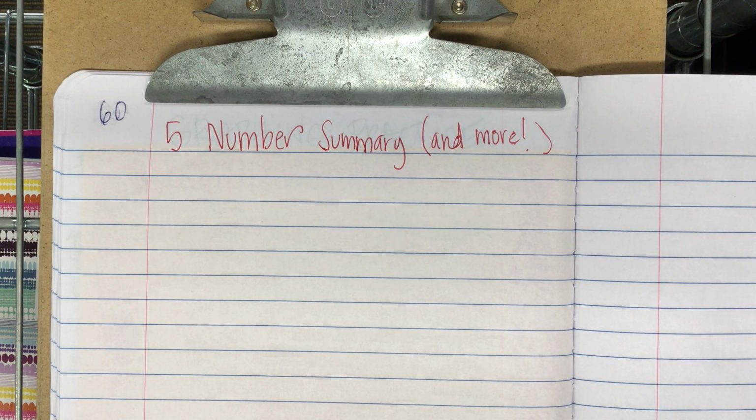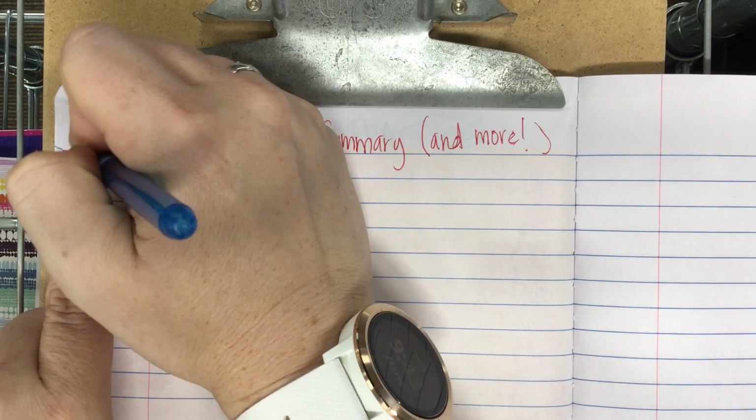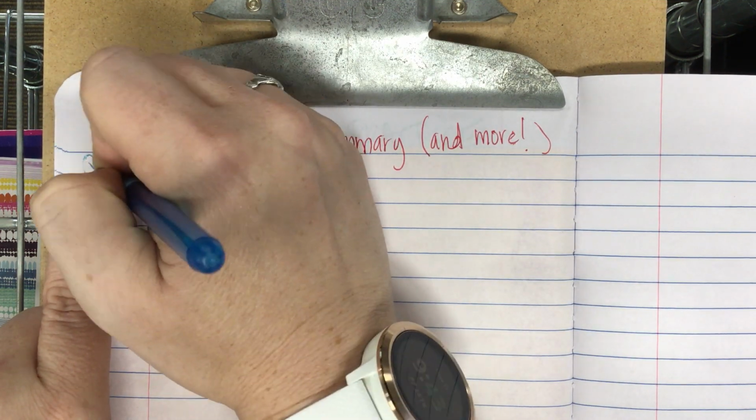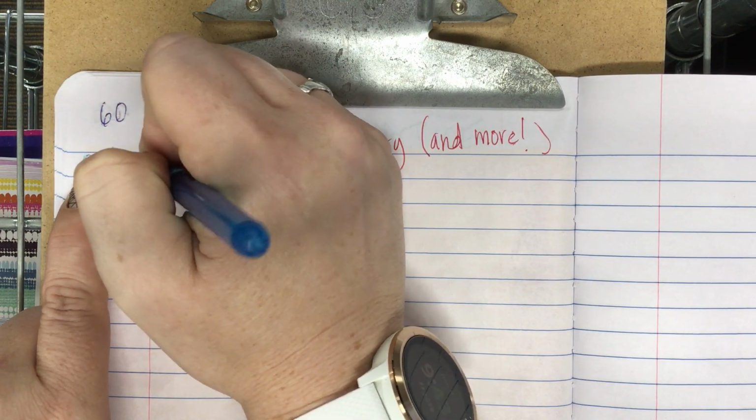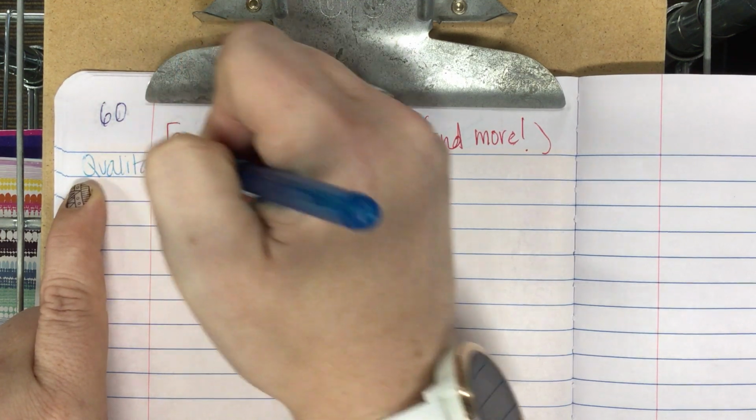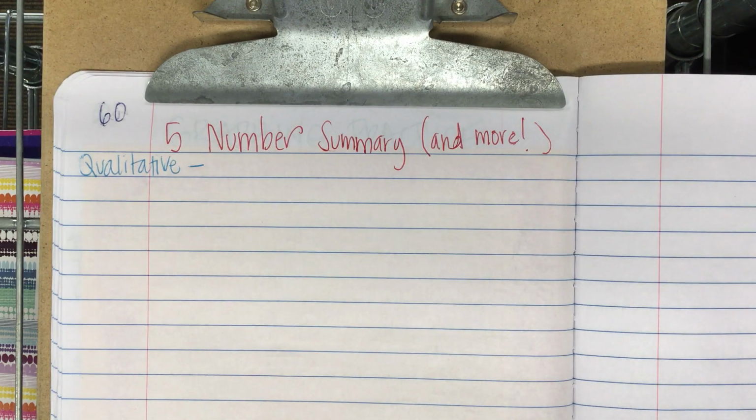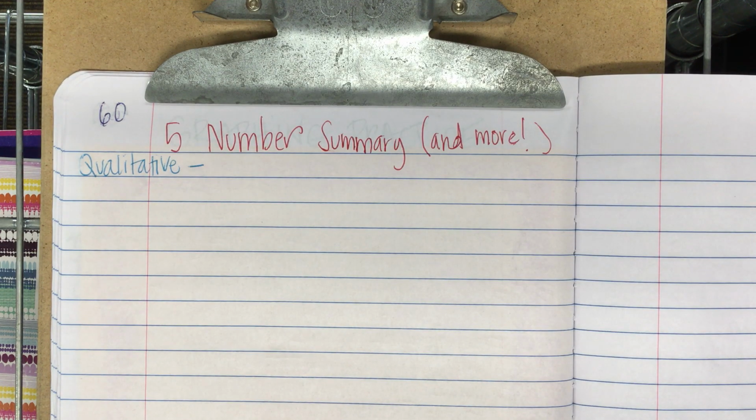When we're dealing with data, because this whole unit is about data, we're going to have two types of data that we deal with. The first type of data is called qualitative. And qualitative data we don't deal with as much. We will occasionally have qualitative data, but it's not going to be our main source of data.